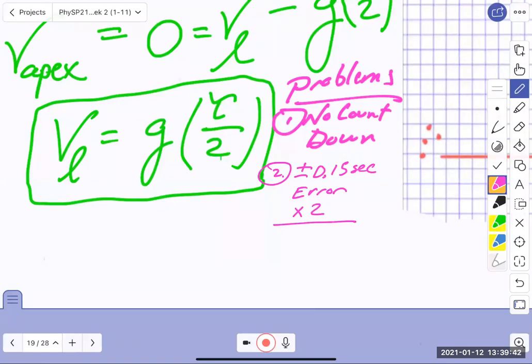Then it comes back down and it's not black and white, like, okay, I think it hit the ground, and you hit stop. So there's the error. The other error is hard to anticipate: hitting the ground doesn't give a bell or whistle. You say, I think it hit the ground. Sometimes you don't see it very well. So those are all errors in this seemingly great way to determine launch velocity.